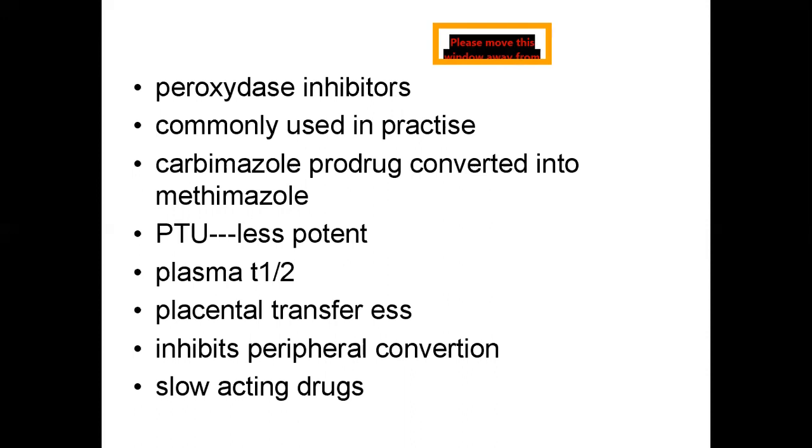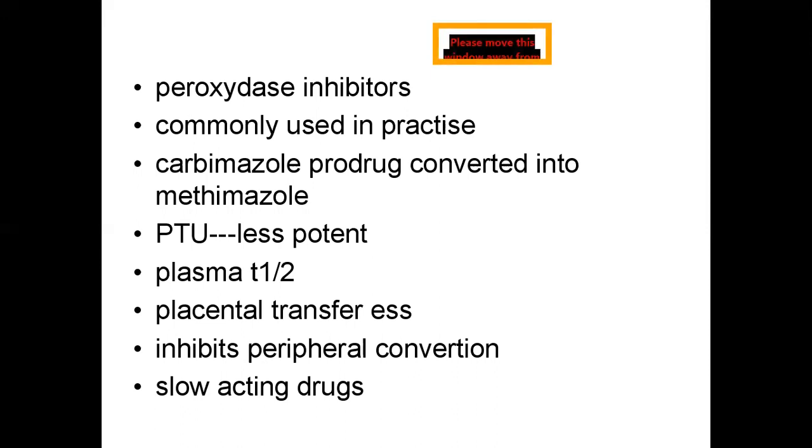Propylthiouracil is less potent and its half-life is less. Placental transfer is also very less, so it is a drug of choice for first trimester pregnancy. It also inhibits the peripheral conversion of thyroid hormones. It is a slow acting drug.